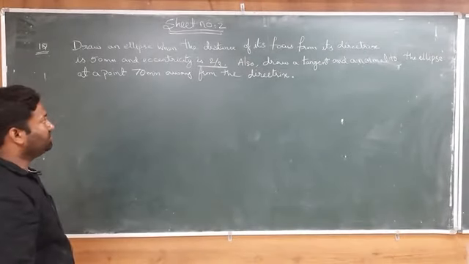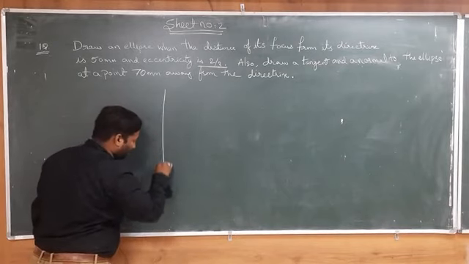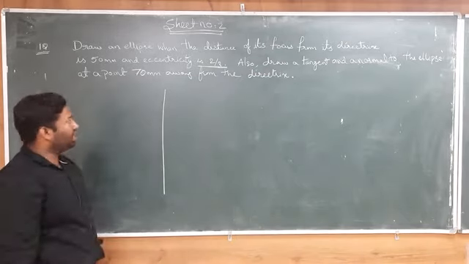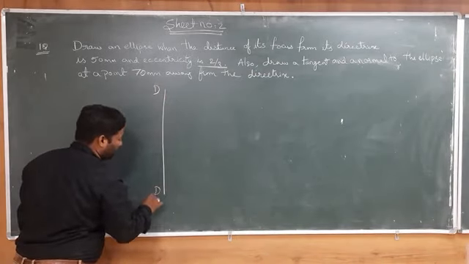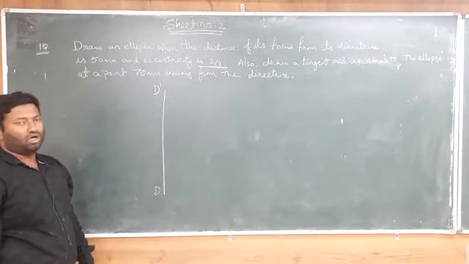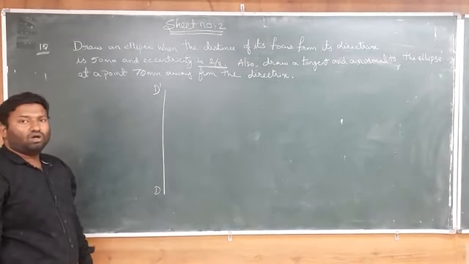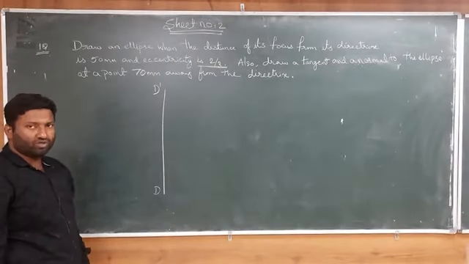To construct the ellipse, the very basic thing, we have to draw a vertical straight line, and we will name it as the directrix line and indicate it by D complement. After that, we have to draw a principal line or a horizontal line from the midpoint of the directrix line.